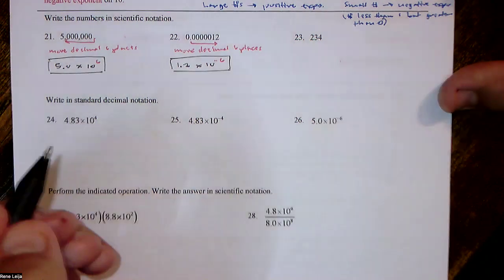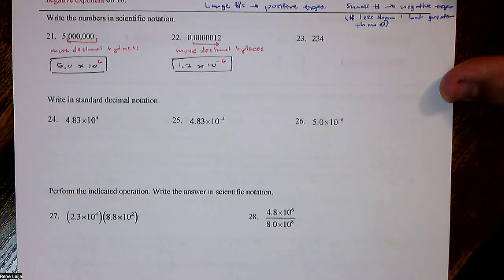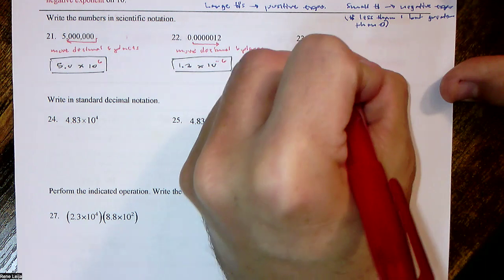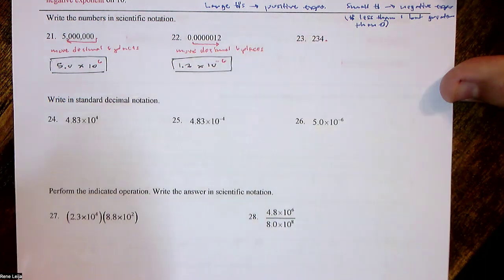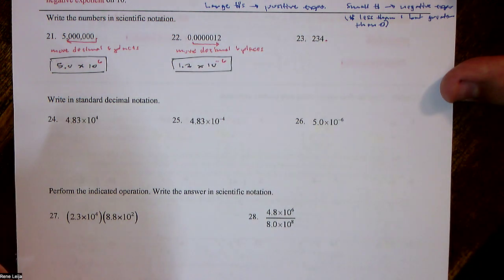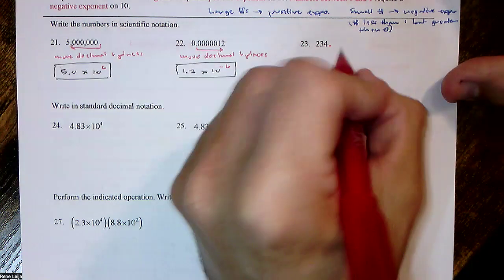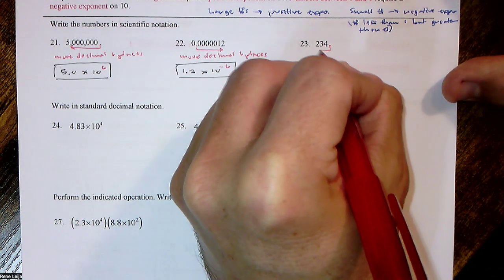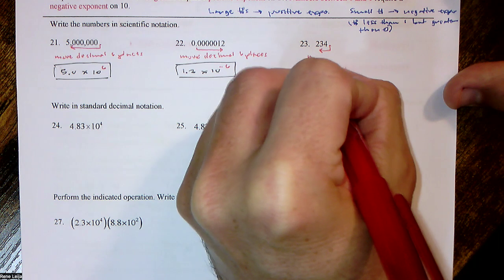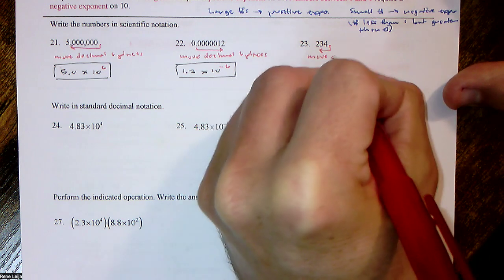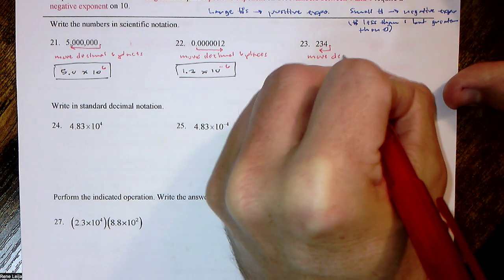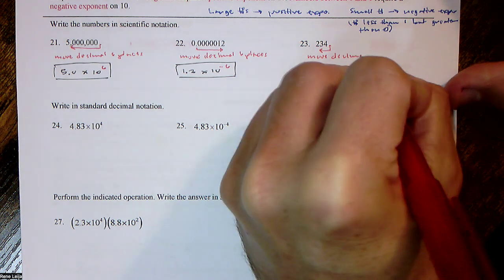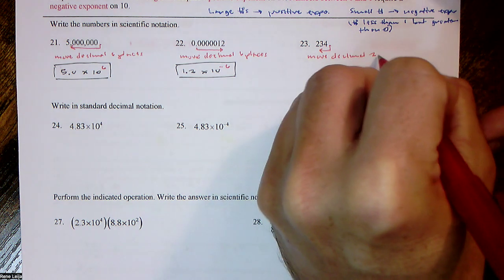Number 23, we have the number 234. So here's my decimal. I need to move it to where I get a number between 1 and less than 10. So I'm going to move the decimal two places.